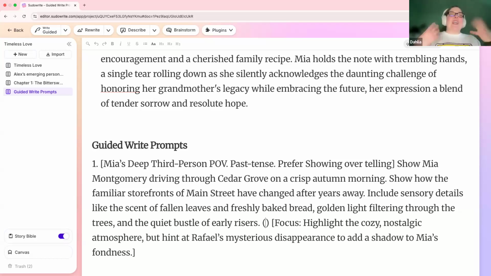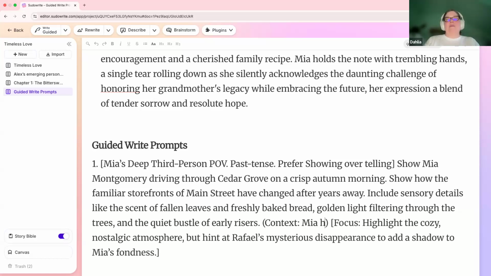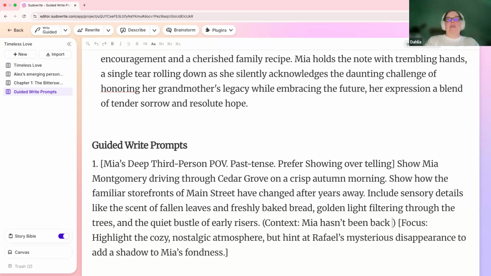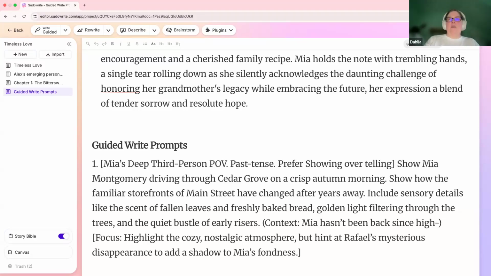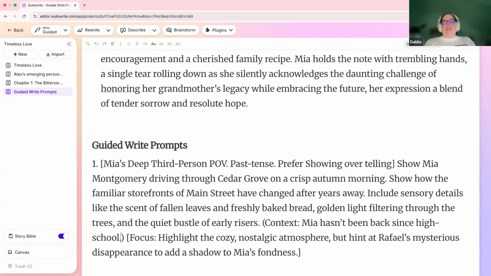Or maybe it's just my brain that thinks that way. If it's story stuff, I put it in parentheses. It helps me to differentiate. Maybe it also helps the AI to keep track of this.